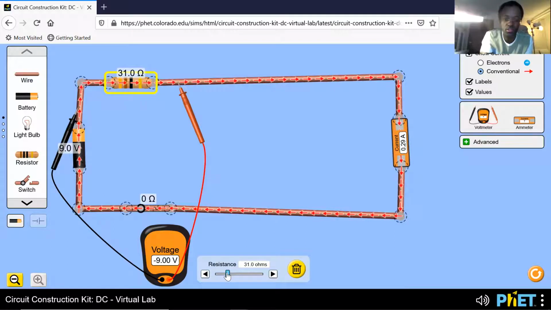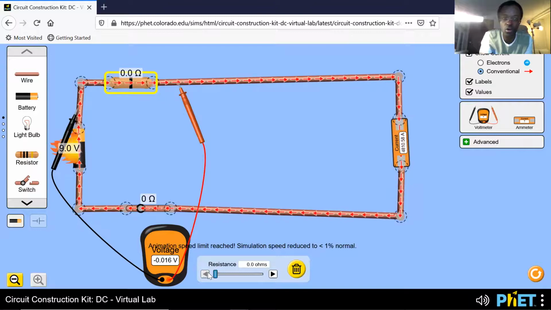Let me increase it again. 79, and the current goes down. Let me decrease the resistance. Okay, let me start. No resistance. You see how the electrons are flowing really fast? I mean, here it's the conventional current.